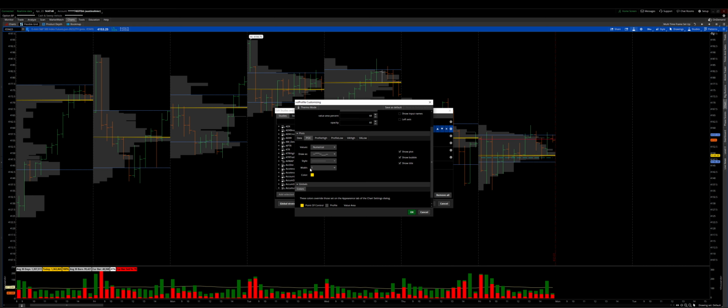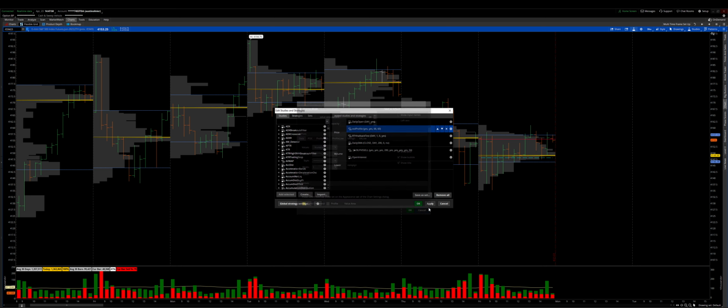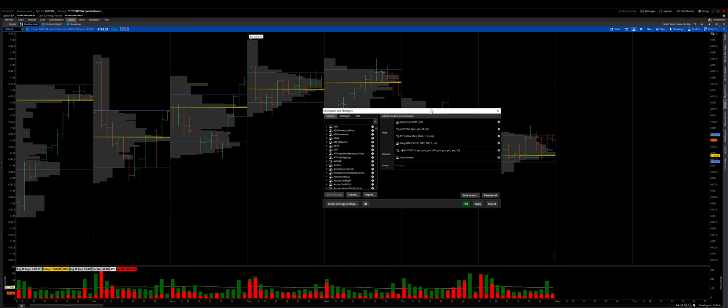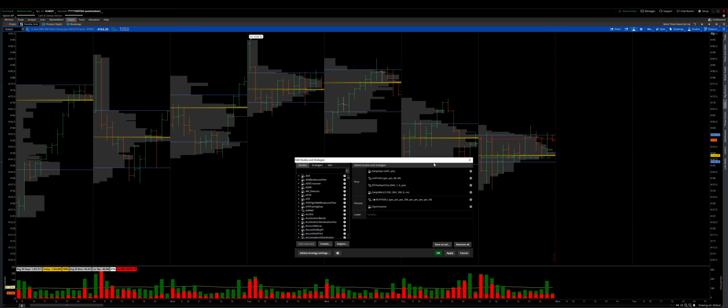And then my point of control I have highlighted as yellow, and then data does not exist I have turned off or blacked out as well. But volume profile is one that I always look at.